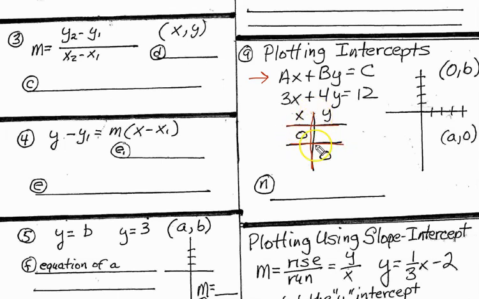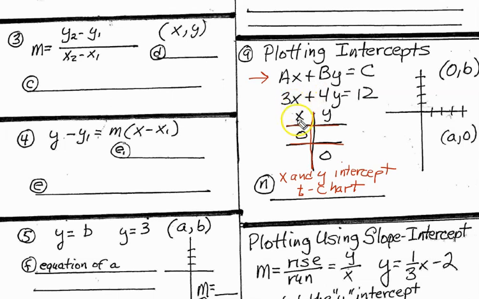Initially it looks like a T. You put an X there, a Y there, a 0 there, and then next line down a 0. I call this special T-chart an X and Y intercept T-chart. I gave it that special name, and I'd like you to remember that because I may ask that as a quiz question sometime.